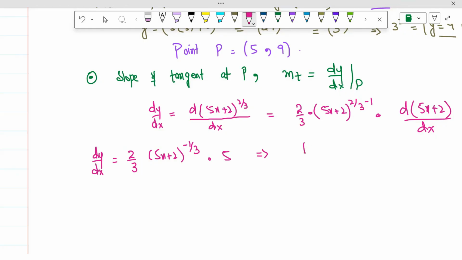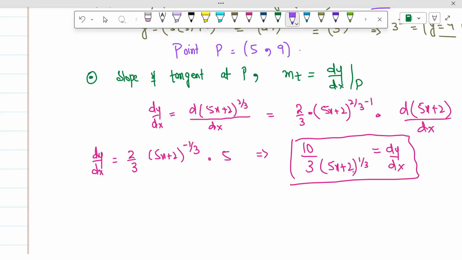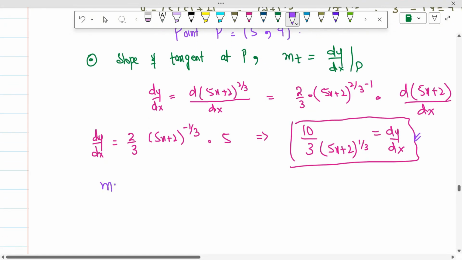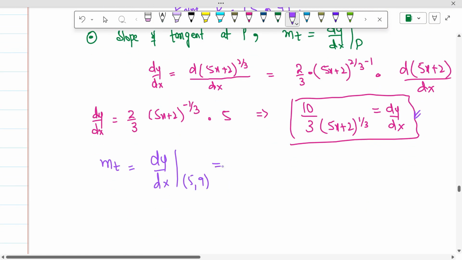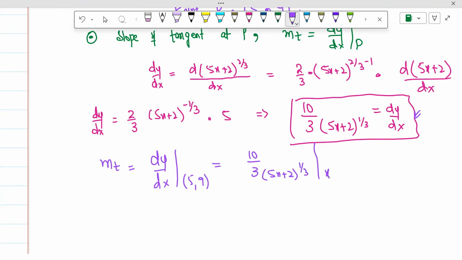So we will have 10 over 3 times (5x plus 2) to the power 1 by 3, which is dy over dx. So when we plug the value of P into the derivative equation, we get the slope of the tangent. So the slope of the tangent is equal to the derivative at point P, which is the point 5, 9. So we have 10 over 3 times (5x plus 2) to the power 1 by 3 when x is equal to 5, because the x coordinate is 5.